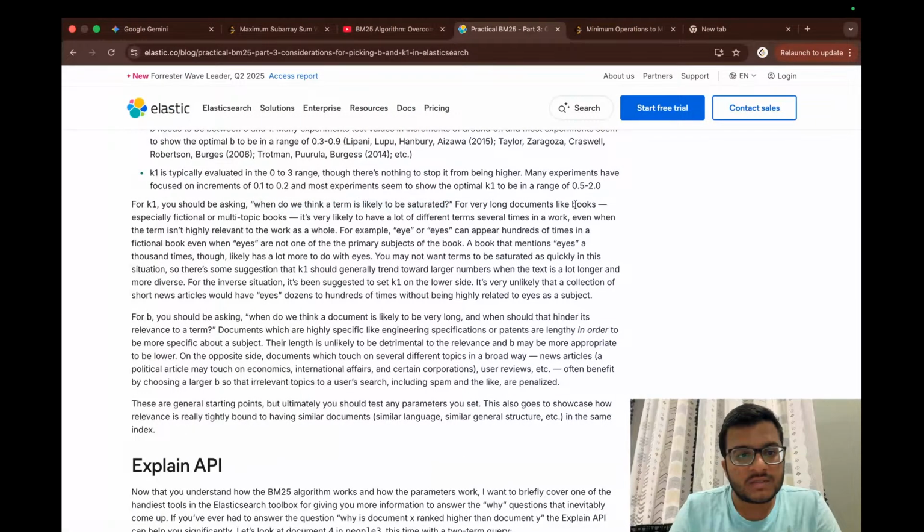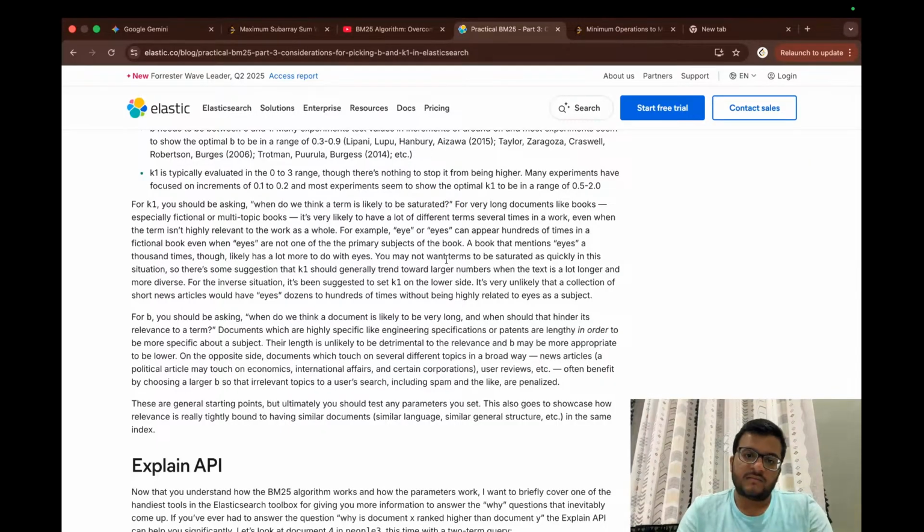Let's make note of this because these are very important words. For very long documents like books, especially fictional multi-topic books, it's very likely to have a lot of different terms several times, even when the term isn't highly relevant to the work as a whole. For example, ice can appear hundreds of times in a fictional book, even when ice is not one of the primary subjects of the book.